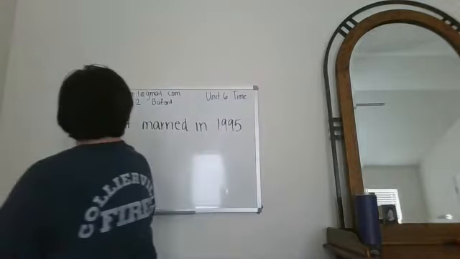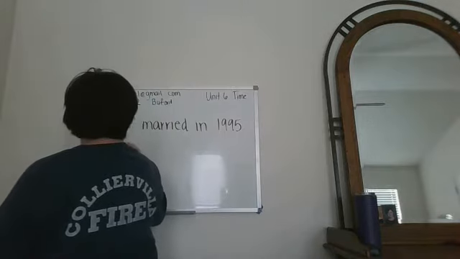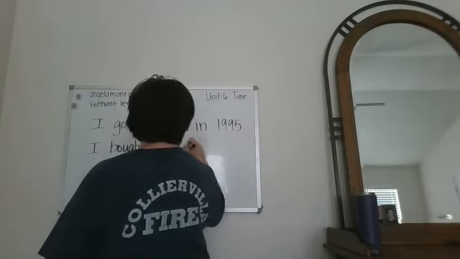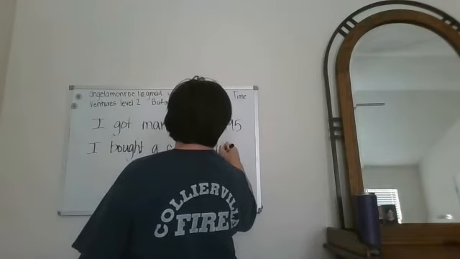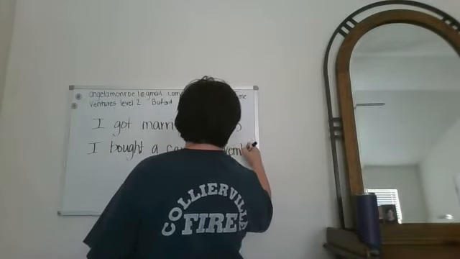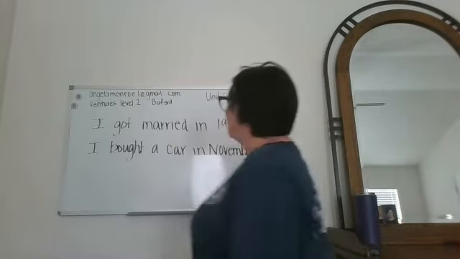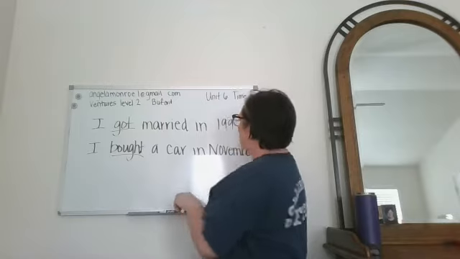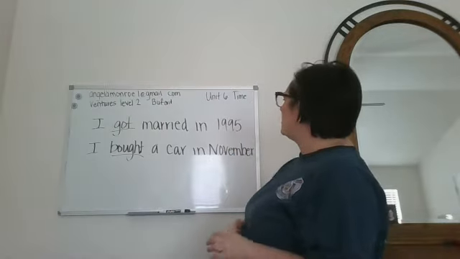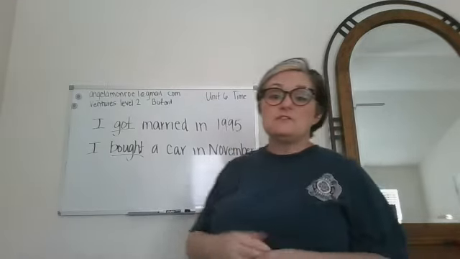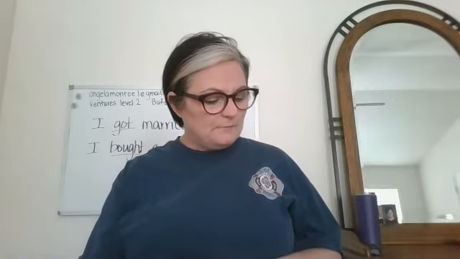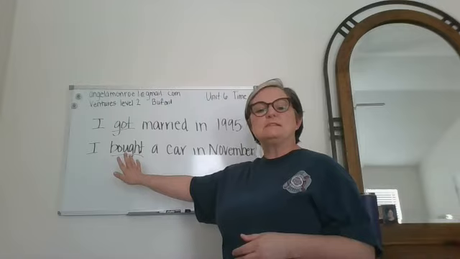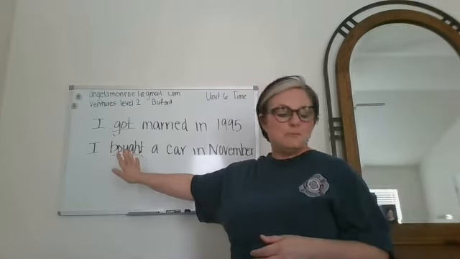I can say I bought a car in November. Okay? So we're using the simple past for the verbs, and we're using the correct terms for the time. So whichever ones that you checked off, go ahead and write some sentences for those as good practice.